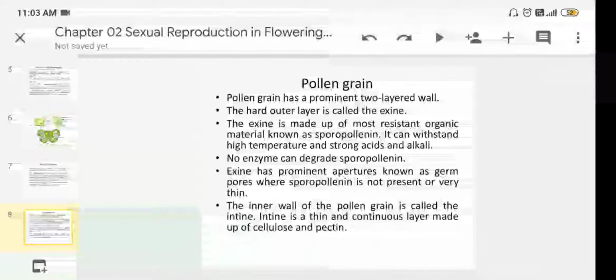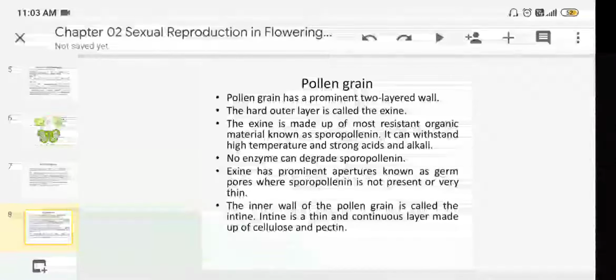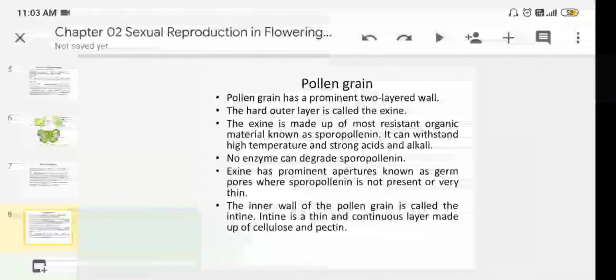It can withstand high temperature and strong acids and alkali. That means it well protects the pollen grain from different adverse conditions. No enzyme can degrade sporopollenin normally.